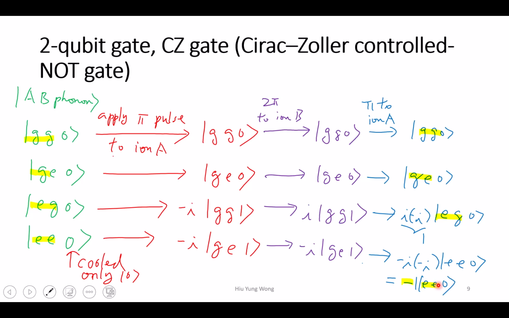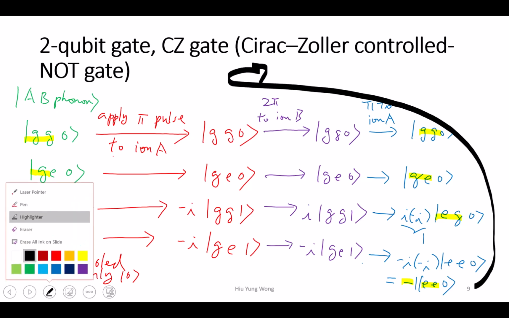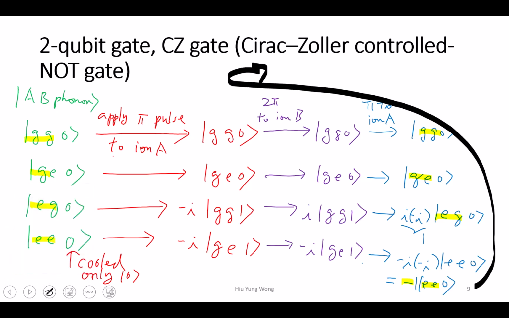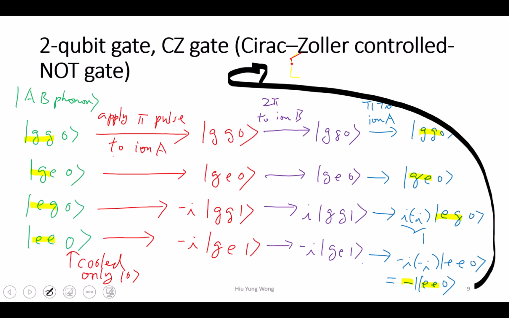Yeah. So we have implemented the control Z gate, and I hope you can recall this one, right? This one is just equal to 1 0 0 0, 0 1 0 0, 0 0 1 0, 0 0 0 negative 1, which is the control Z gate.